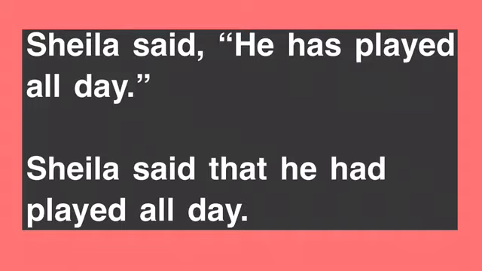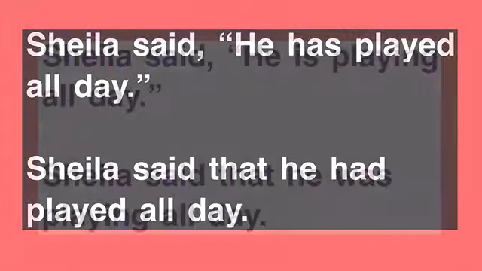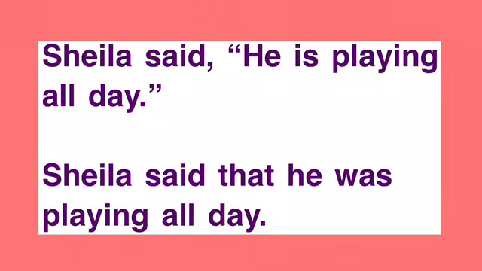In such sentences which have a helping verb and a main verb, you need not change the tense of both the verbs. You will only change the tense of the helping verb. So in the next example also you can see we have changed is to was, and the main verb is playing, but we have not changed the tense of playing to past tense.